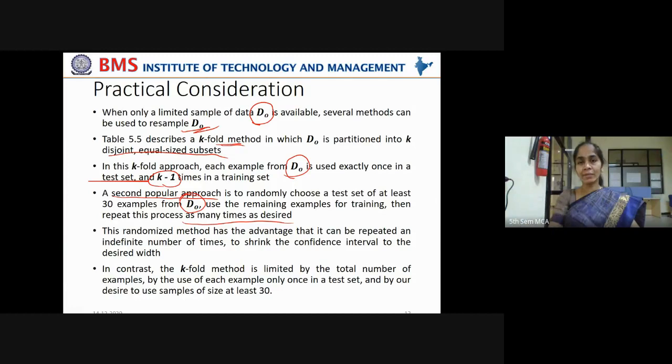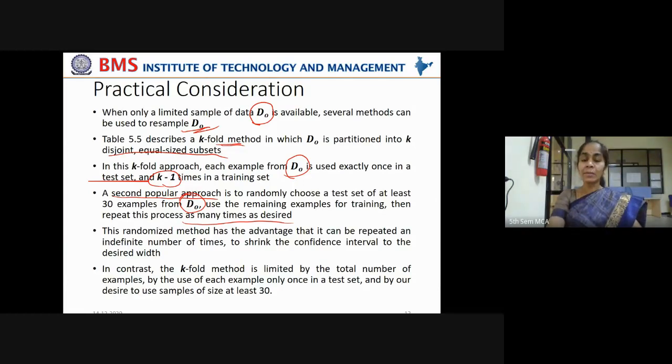That is k times, because you divide the data set into k partitions. But in this case, there is no limitation in the number of times you perform the experiment. You can do it as many times as required by randomly selecting the test set and training set, with a minimum of 30 data points in the test set. It can be more than that, but minimum 30 points.